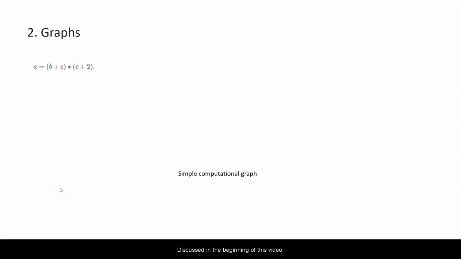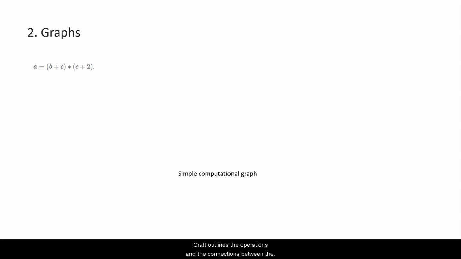As discussed in the beginning of this video, the second important component of TensorFlow is the graph. In TensorFlow, all the operations are conducted inside a graph. And a graph is a set of computations that takes place successively.